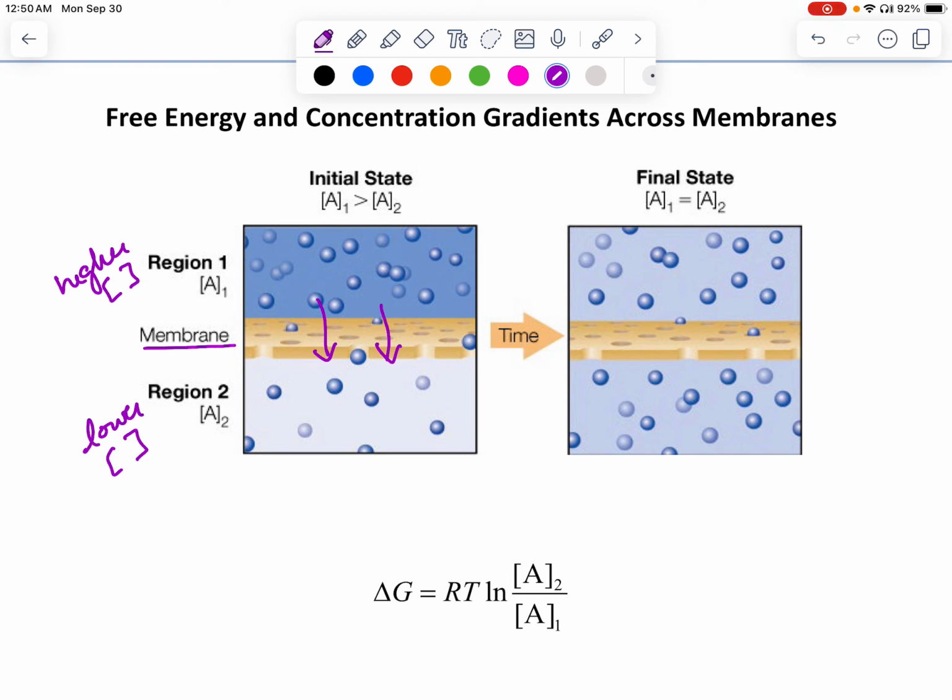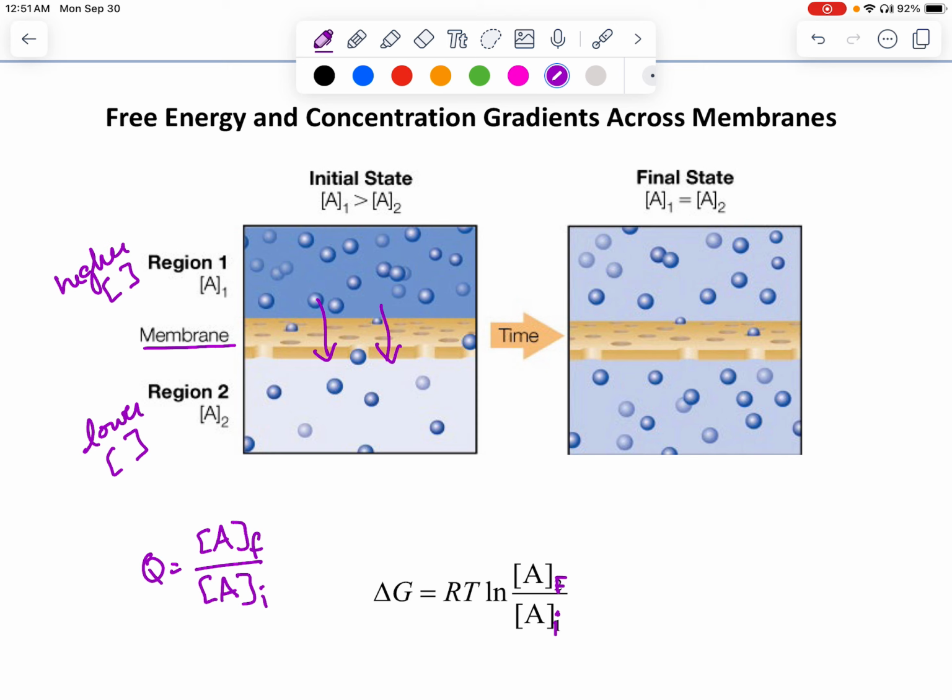We know RT natural log of Q, and remember, Q is our reaction quotient. So Q would be the final concentration over the initial concentration. Okay, we had A2 over A1 here, but you could do final over initial. And we expect this to move from top to bottom.